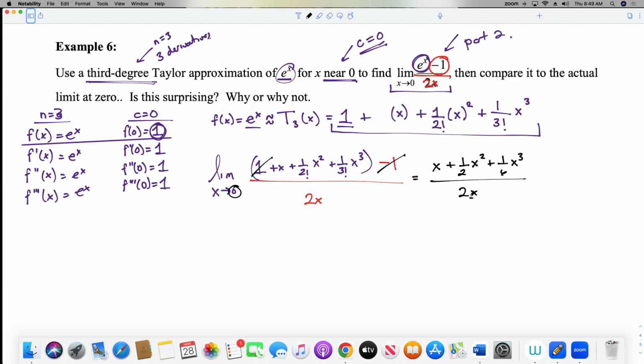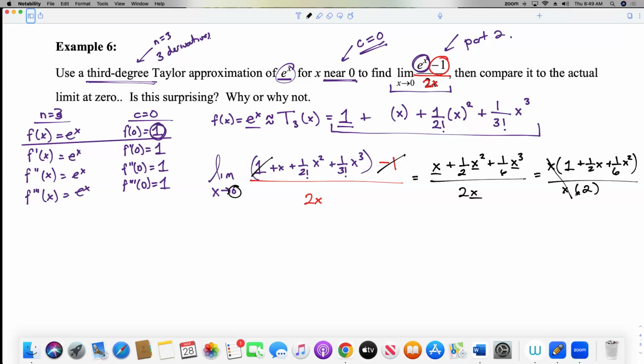But what do you notice? You have an x in each term, so we can factor out an x, right? If we factor out an x from the top, you are left with 1 plus 1/2 x plus 1/6 x squared, all of that over, factoring out an x, 2.